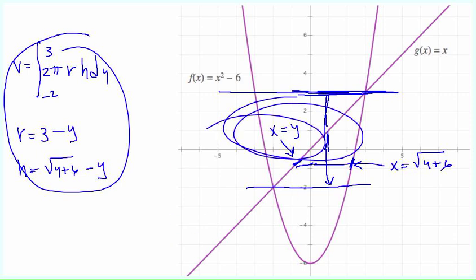Now let's make the other part in red. I'm integrating from -6 to -2, 2 pi, r times h times dy. What is r?